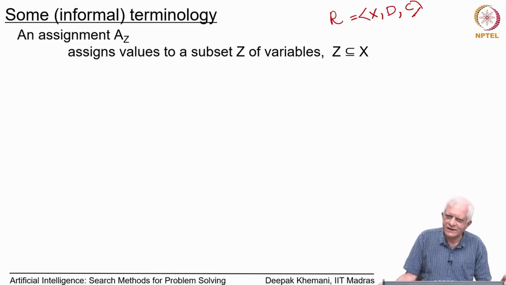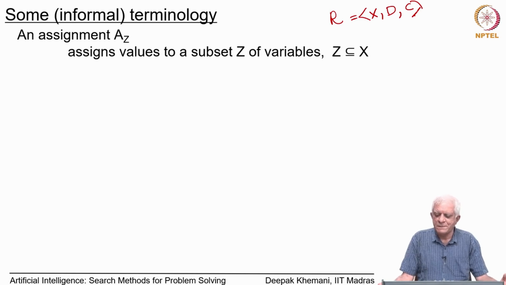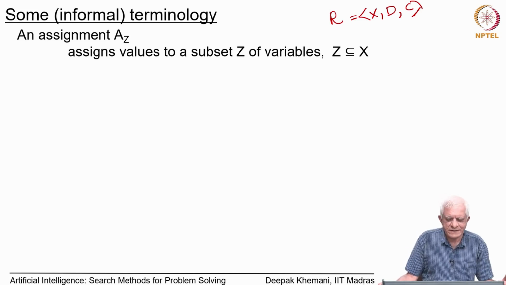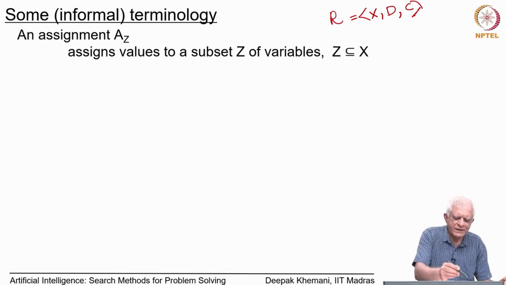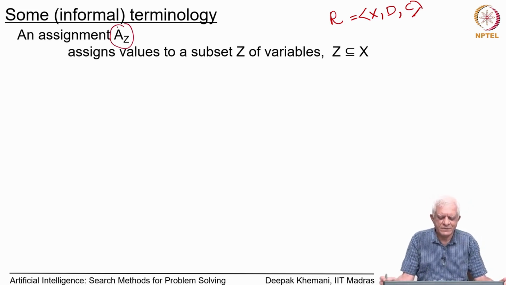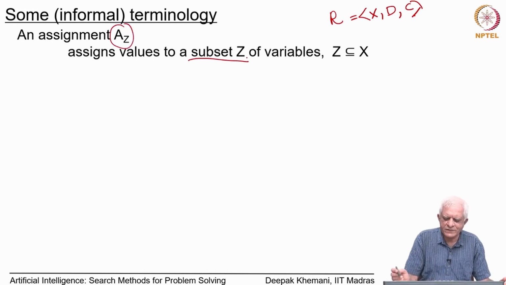So, the task is to find an assignment of a value to every variable such that all the constraints are satisfied. So, we will look at the assignment as a vector in a short form and call it A. In this particular case, A subscript Z, because we are talking of a subset Z of variables of the X. So, this assignment is a partial assignment, it is not a complete assignment, in the sense a complete assignment would be over all the variables essentially.